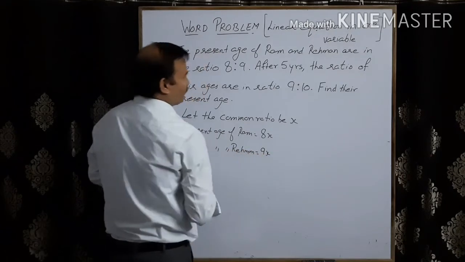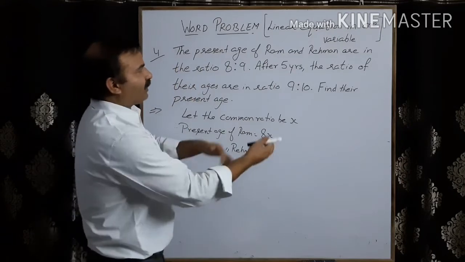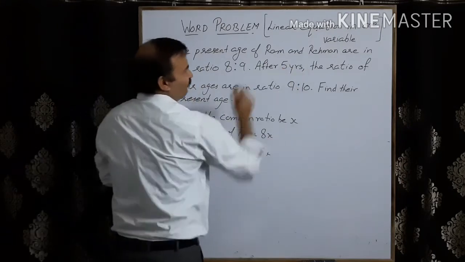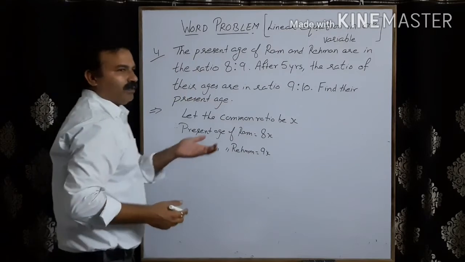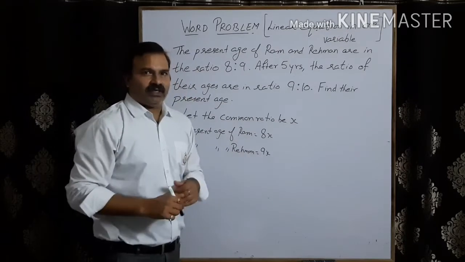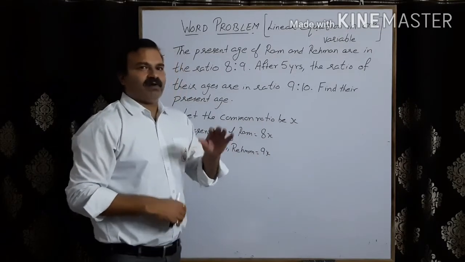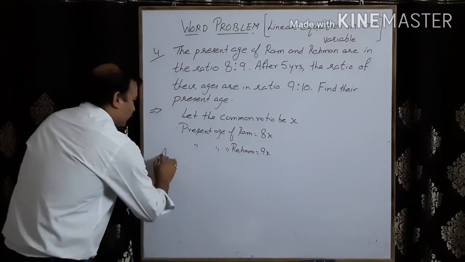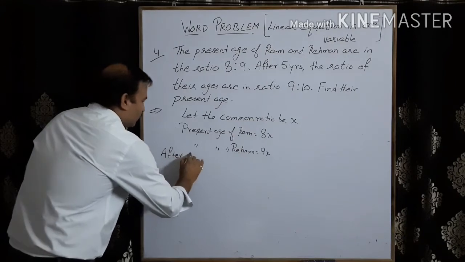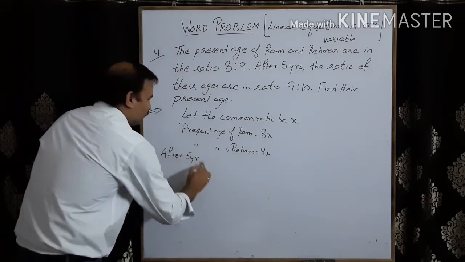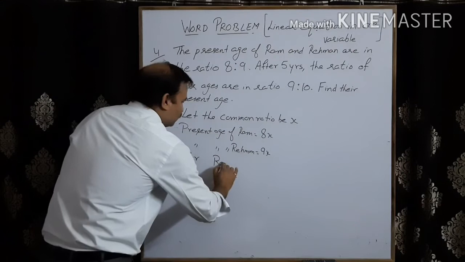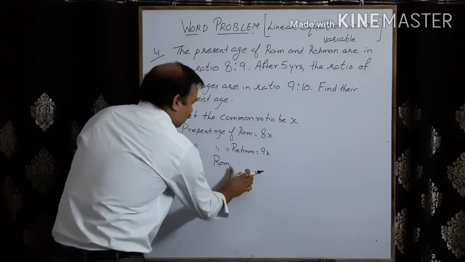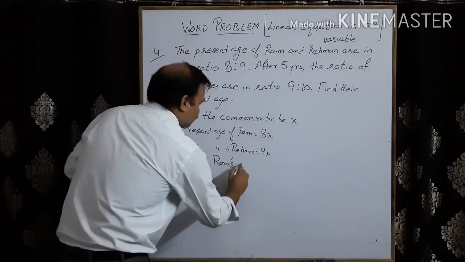is 9x. Now whatever the main condition is given, that after 5 years, fine, suppose today my age is 40 years, so after 5 years my age will be plus 5, fine. So therefore after 5 years, what will be Ram's age?